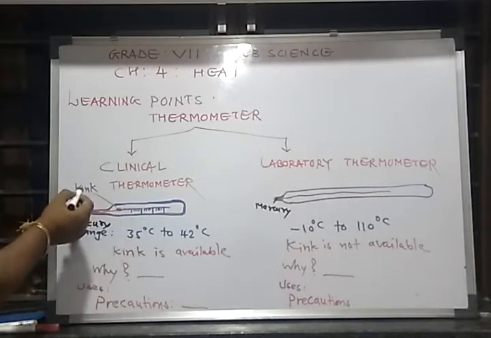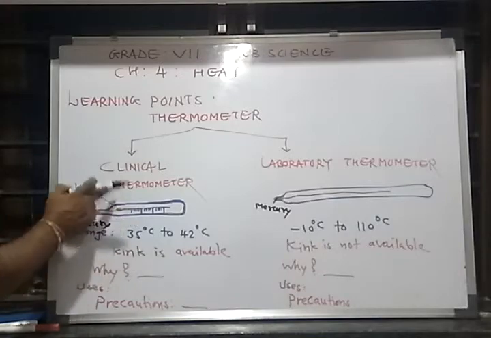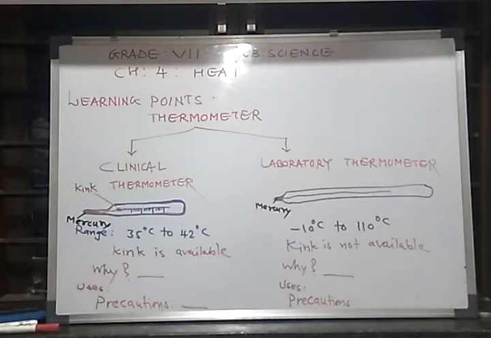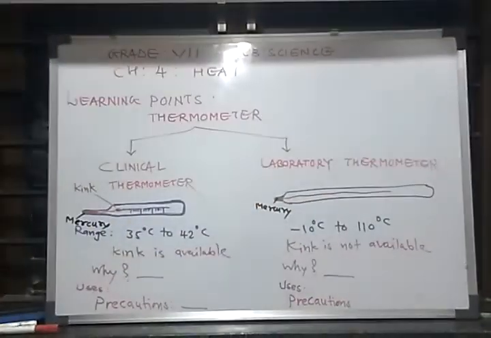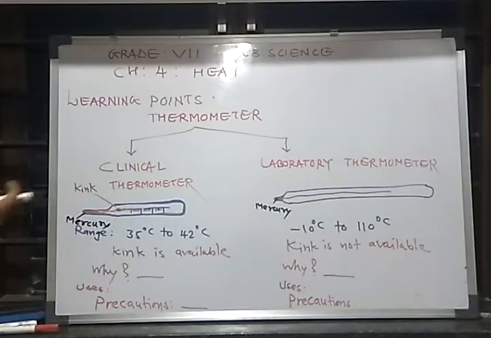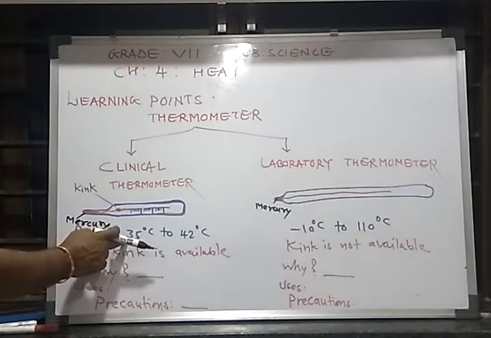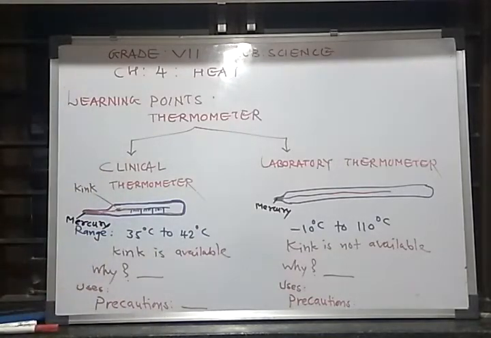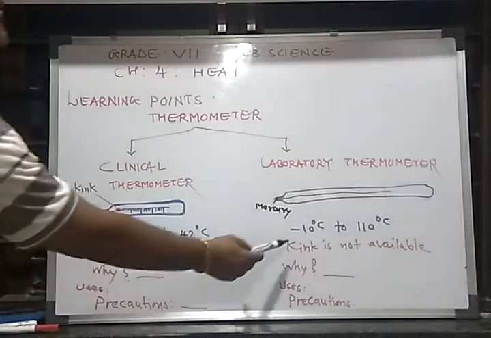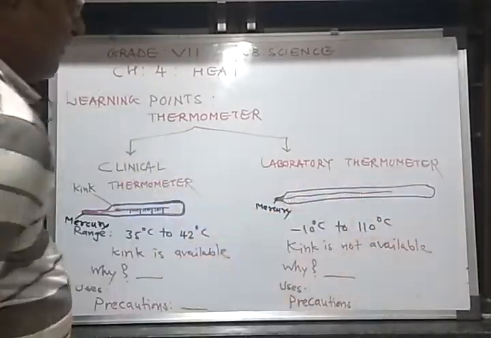This is kink, K-I-N-K, which you can find in the clinical thermometer. While here kink is not available. Why kink is there, I will tell you. Here the range of temperature is 35 degrees Celsius to 42 degrees Celsius in the clinical thermometer. Here the range is minus 10 degrees Celsius to 110 degrees Celsius.